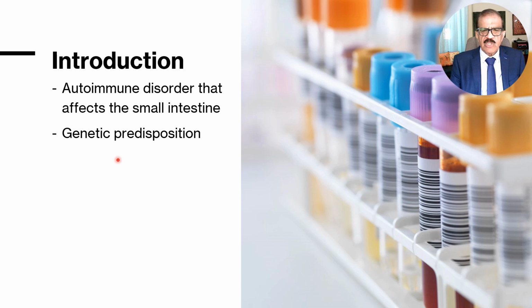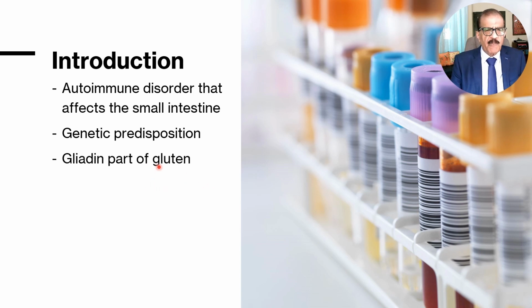There is some genetic predisposition because it sometimes runs in the family, and if you have celiac disease, there is about a 10% chance that one or two of your children would also have it.